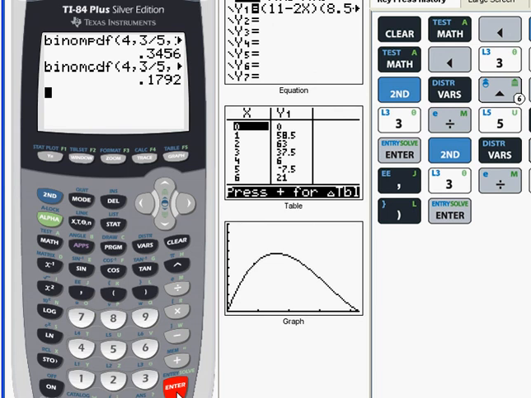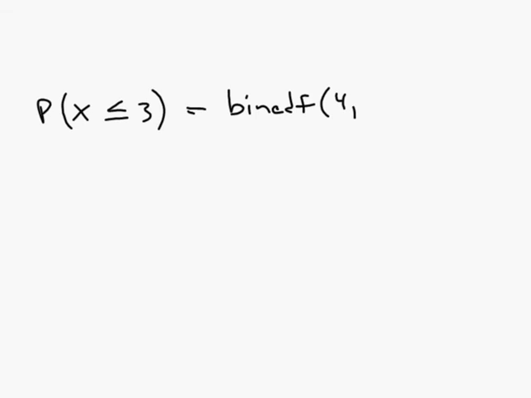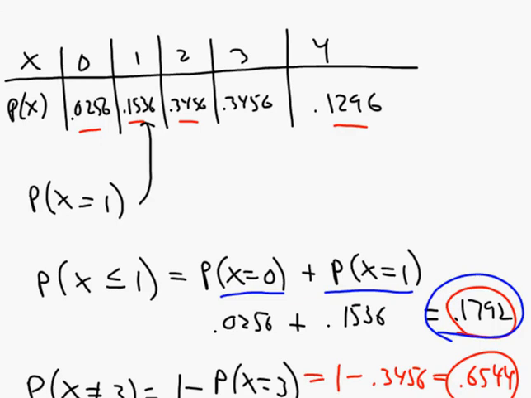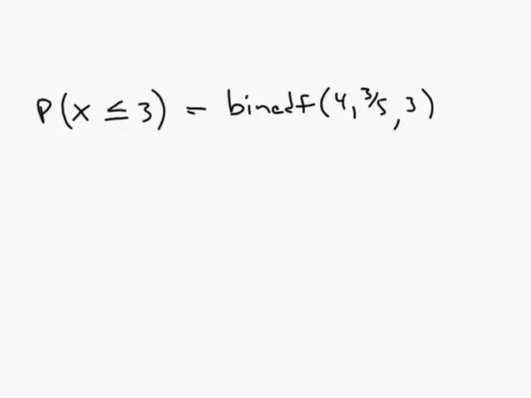So that's a pretty handy thing. I could ask questions like, what's the probability in the basketball problem that I got 3 or less shots in? According to what I just told you, that's the binomial CDF of 4, 3/5, 3. In the table that I had, it's going to add all 4 of those cases for me, which is not something I want to do by hand.